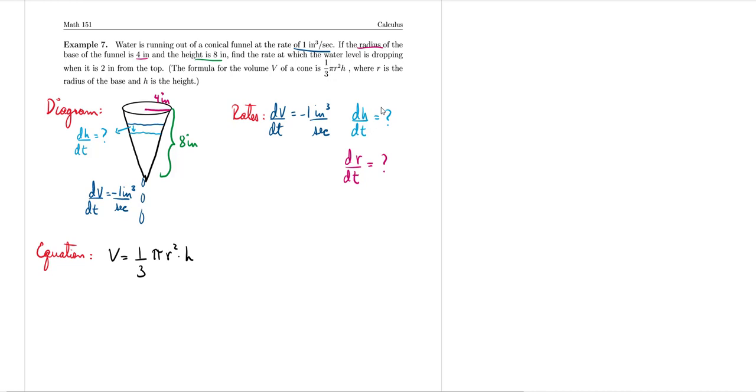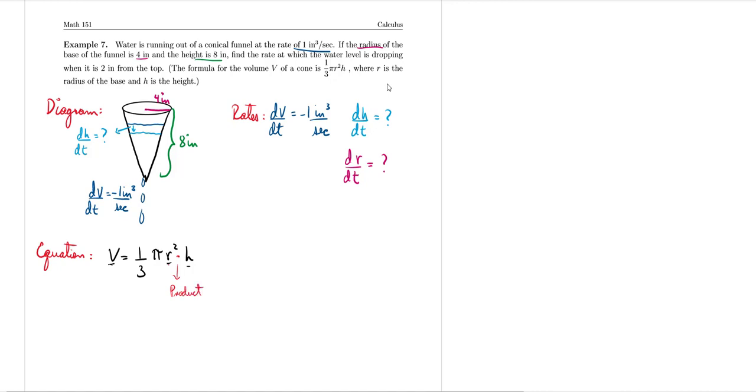Now, at this point, normally we would have been taking derivatives, but this problem is different from the other ones that we tried so far, because notice we have a volume, a radius, and a height. So if I took the derivative right now, since both the r and the h are functions of time, when you took the derivative with respect to time, you would need the product rule.